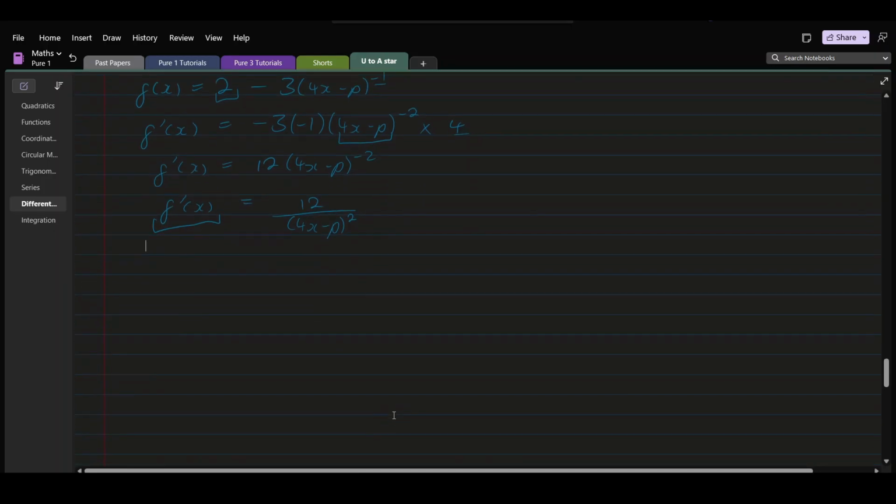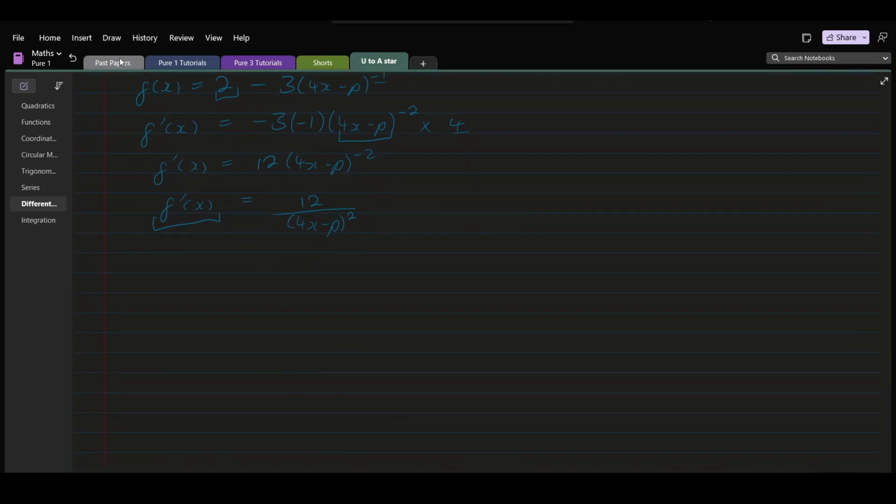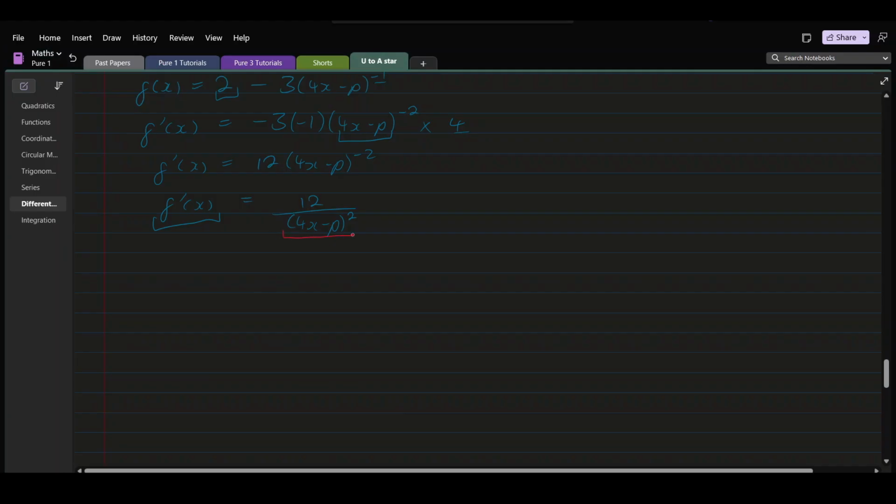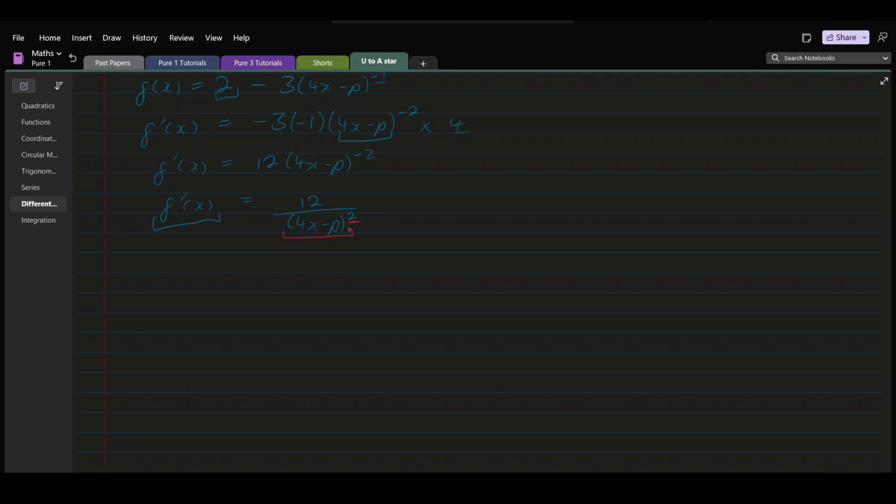Okay, so now let's analyze our denominator. We've got 4x minus p squared. So this squared, what it means, for whatever value of x that you substitute, it doesn't matter what value of x you substitute, it's always going to be positive because we're always going to square the final value. And if you check your numerator, in this case that's the 12, that's positive as well.